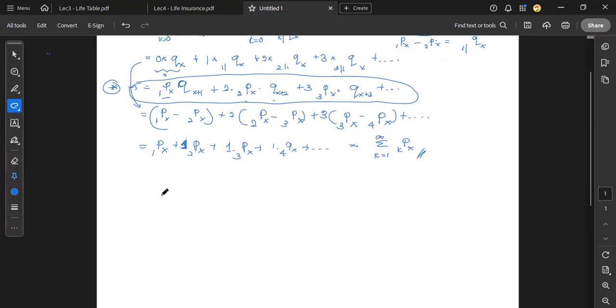And in the same way, we can get the second moment for the person who is at age x. And let's quickly write down the definition. So this is the definition.